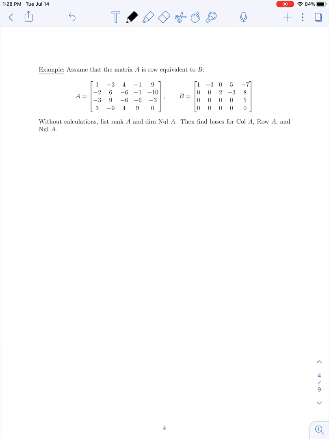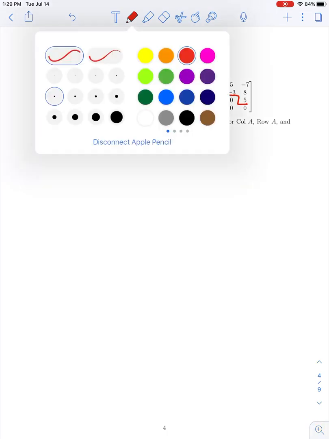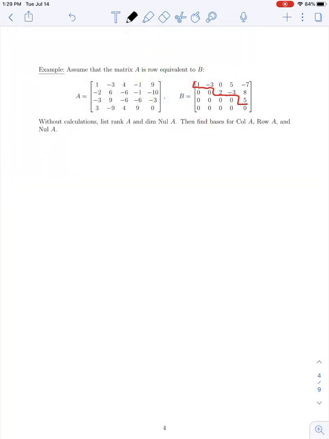We're asked to, without calculation, list the rank of our matrix A, the dimension of the null space of A, that is its nullity, and then find bases for the column space, the row space, and the null space of A. Now we know from the rank nullity theorem that the rank of a matrix A is equal to the number of pivot columns of A, or of an echelon form of A. Looking at our matrix B, which is row equivalent to A, we see that it has 3 pivot columns, namely columns 1, 3, and 5. So that would be the rank of this matrix.